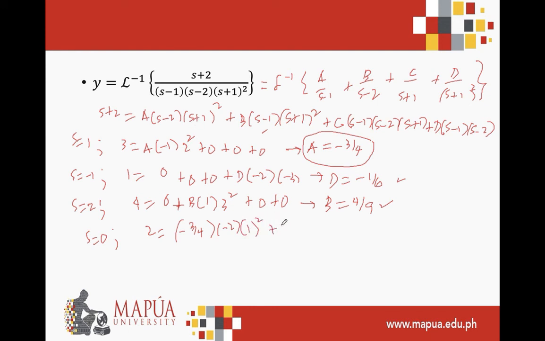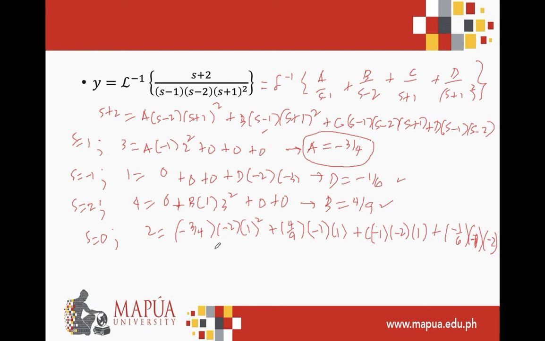So plus b is 4 over 9, negative 1, and then 1 plus c, negative 1, negative 2, 1, and then d is negative 1 over 6, times negative 1, negative 2. d is negative 1 over 6.